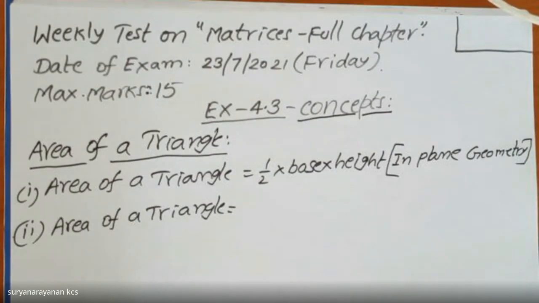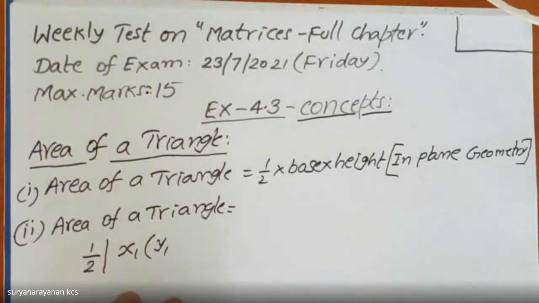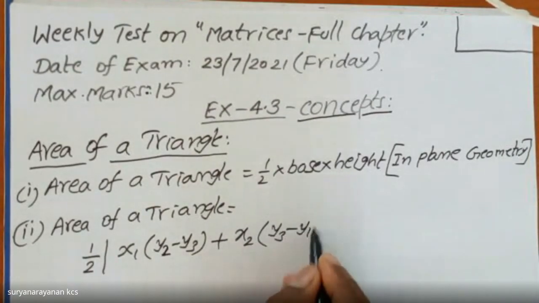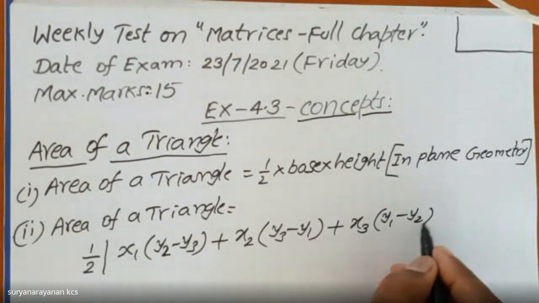If the vertices are given, then what is the formula to find the area of the triangle? 1 by 2 into modulus of x1 into y2 minus y3 plus x2 into y3 minus y1 plus x3 into y1 minus y2.